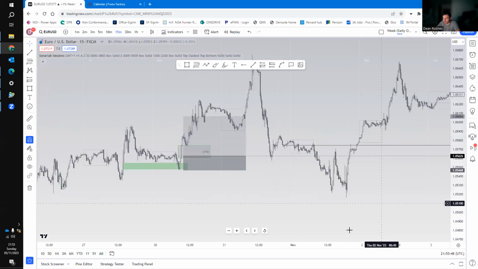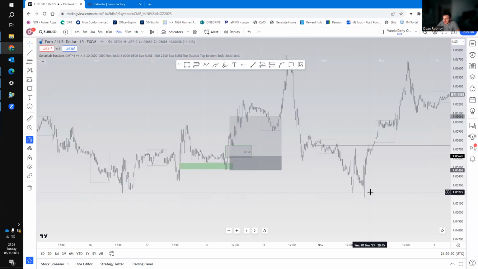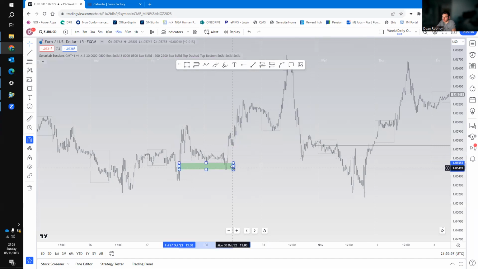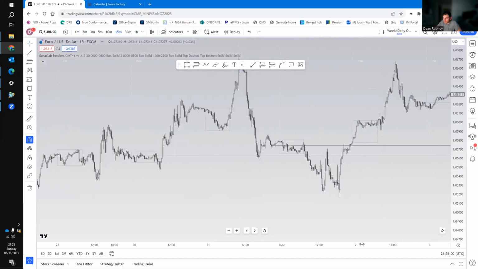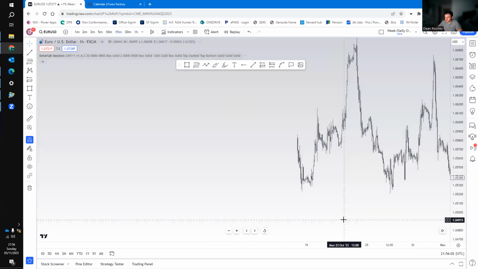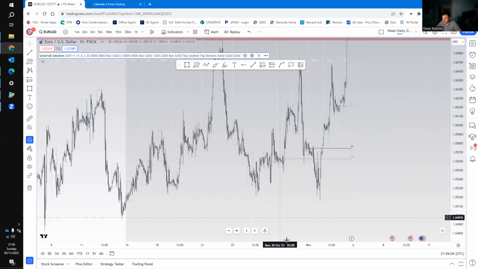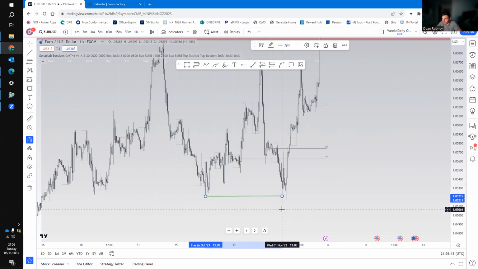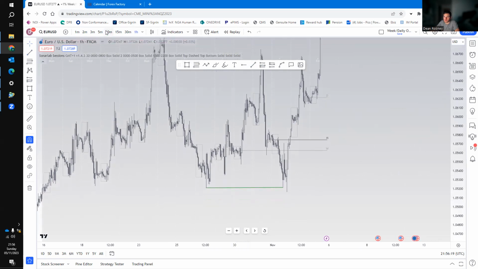Here was quite another good one actually, and I wish I'd bought it as I thought this is what was happening. So I'll just take this off here. So I saw price had come down into this area. Look at these relative equal lows again, from there to there, basically. If you look, when I'm hovering over here, if you look up in this area, it tells you open, high, low, close.